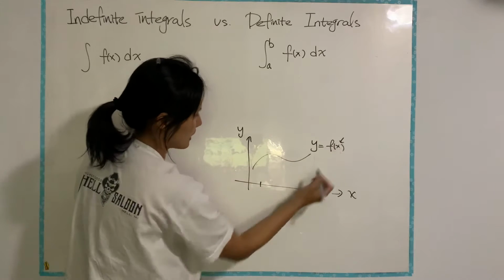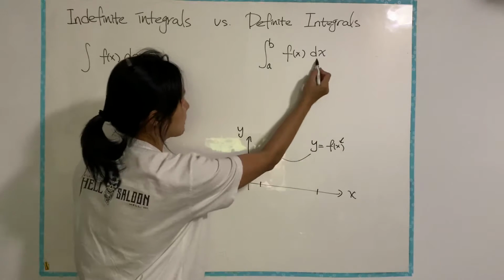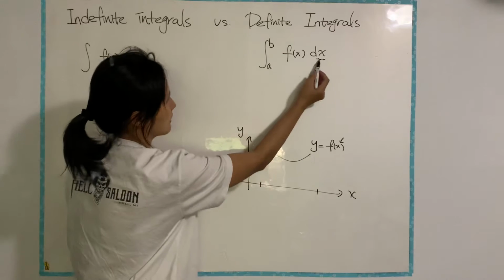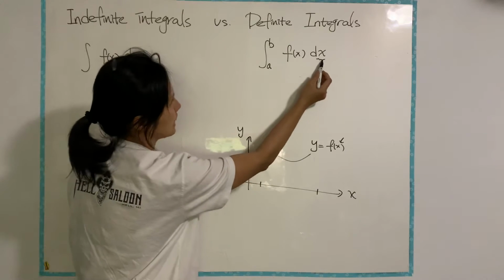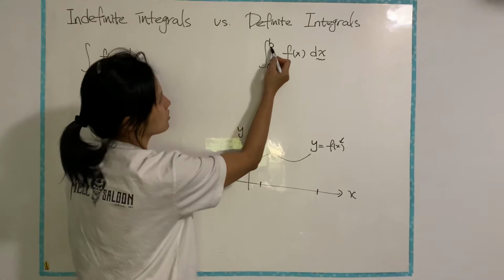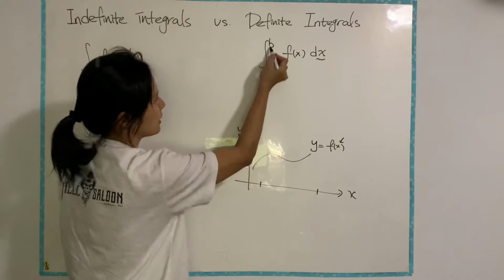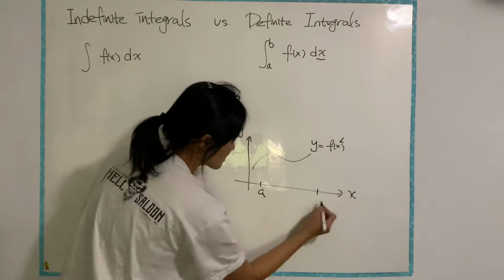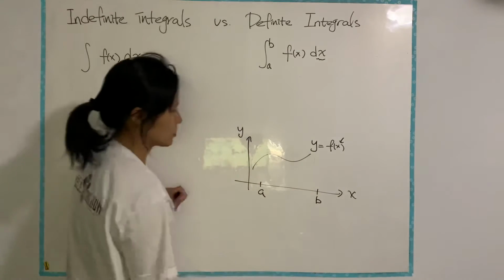So here we have the x. So when I write dx, I'm talking about what happens to the x value. So this is when x is equal to a, and this is when x is equal to b. So we call this a lower limit, and call this the upper limit. So that's x equal to a, x equal to b. Okay.